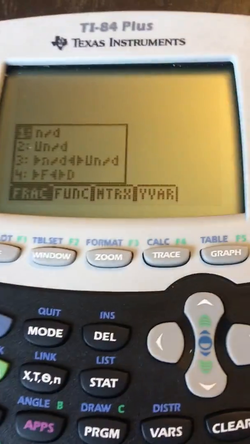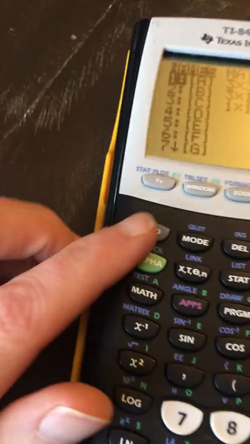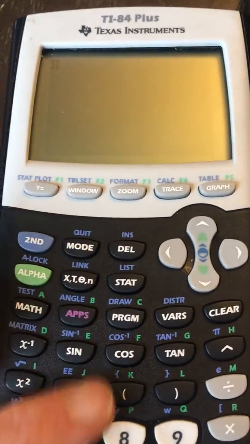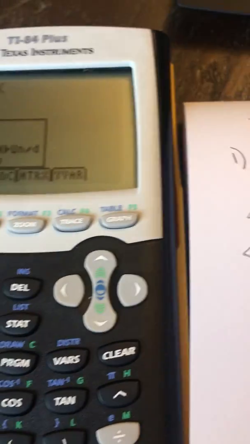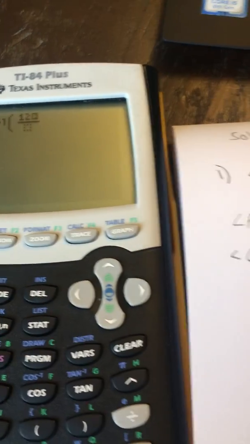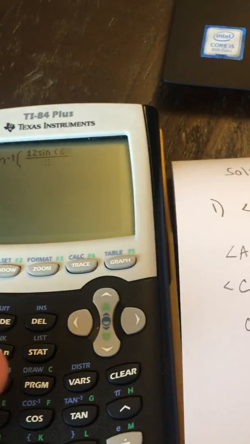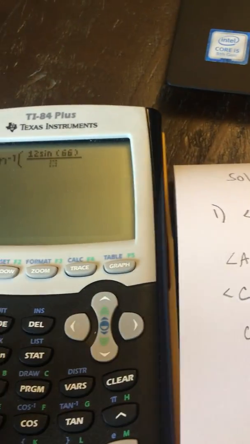Then I'm going to hit second sine, alpha y equals, 12 times the sine of 66 degrees over 32.